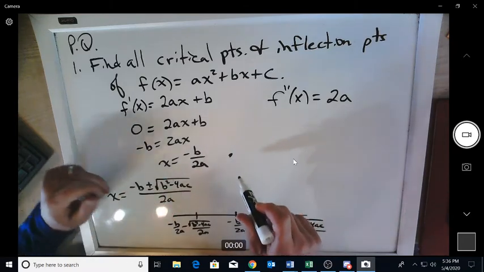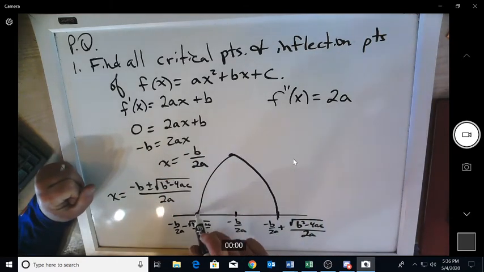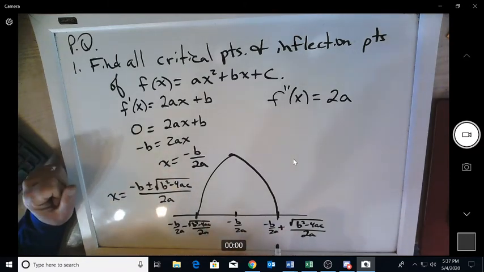Because of symmetry, if we were a downward parabola hitting the x-axis, those would be the two x-intercepts, like this.